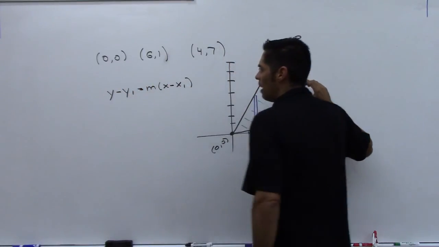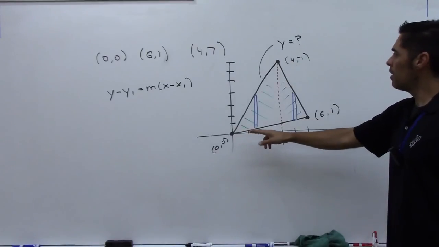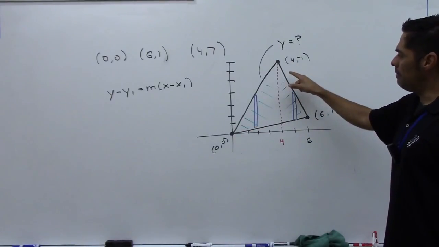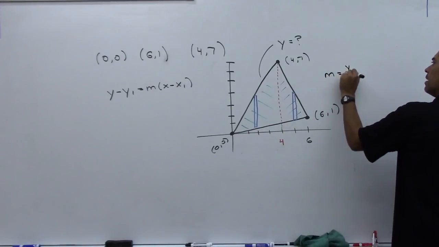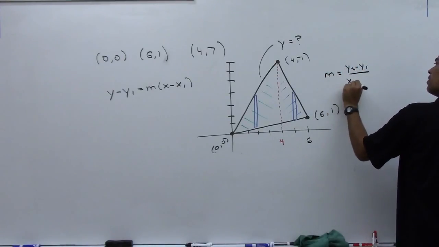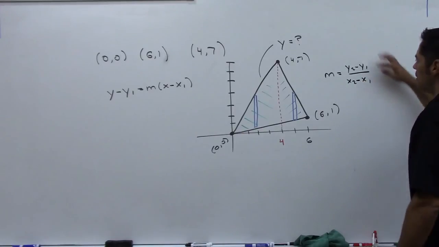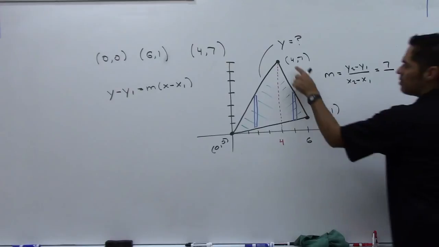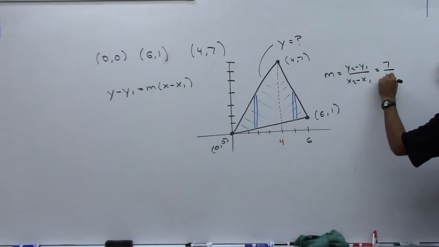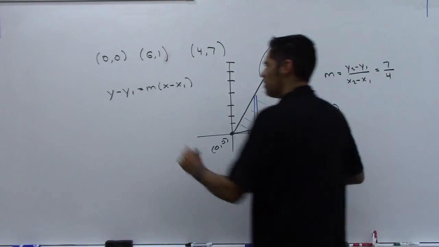That's the equation of a line through 2 points if you know the slope. So what's the slope of this line? Well, the slope of the line is y2 minus y1 over x2 minus x1. So you take the difference in the y coordinates, 7 minus 0 is 7. Take the difference in the x coordinates, 4 minus 0 is 4. So the slope is 7/4.